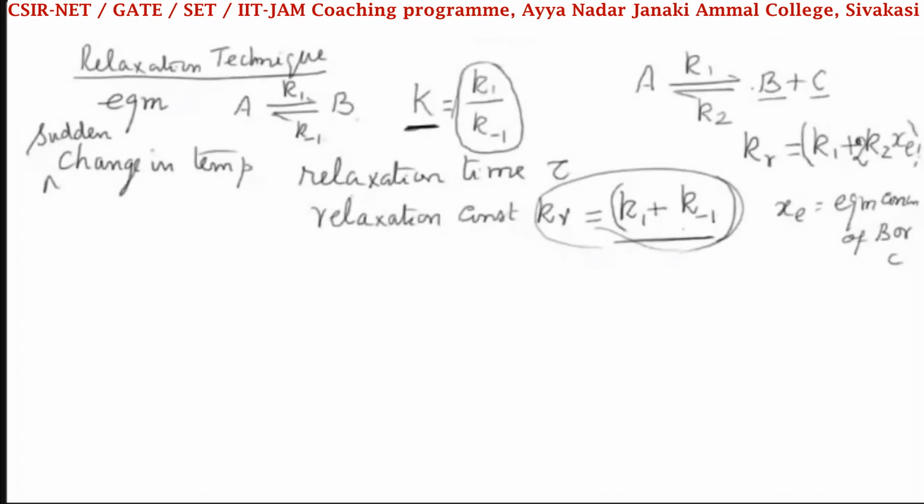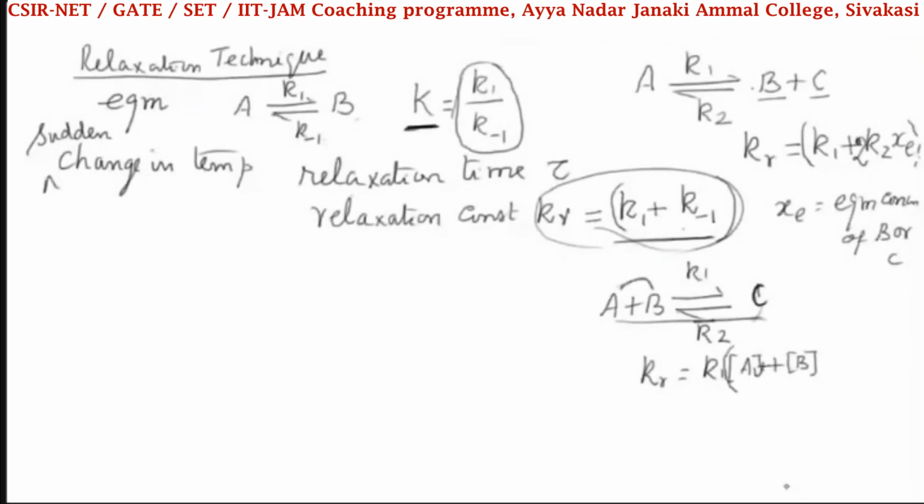Suppose it is the other way, A plus B giving, with K1 and K2, M plus C. Now what is the relaxation constant? It is K1 in the forward reaction. The backward reaction is first order. Therefore, K1 into the concentration of A plus the concentration of B. Here we have written it like this, but the concentration is given as the equilibrium concentration.